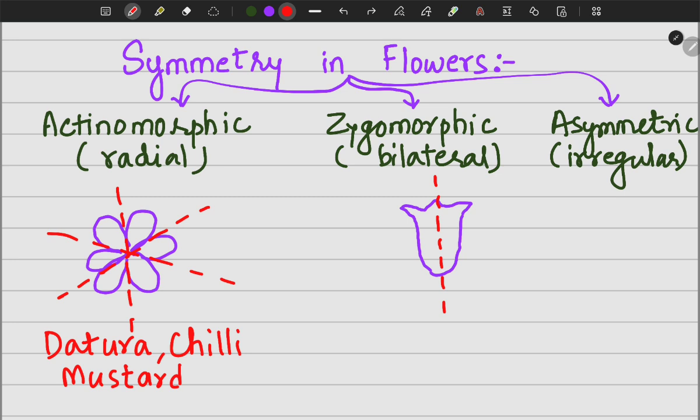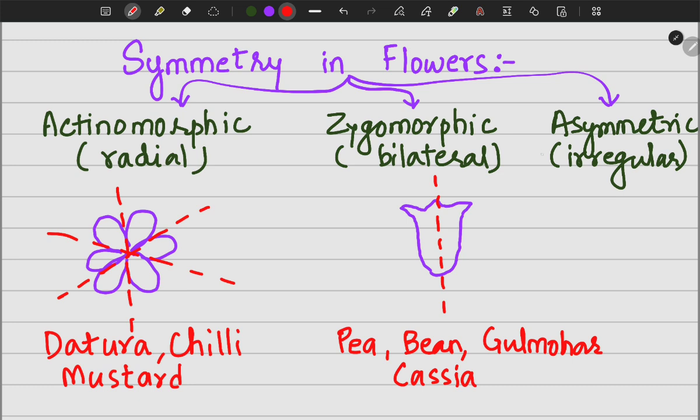Examples of flowers that are zygomorphic are pea, bean, gulmohar, and cassia.